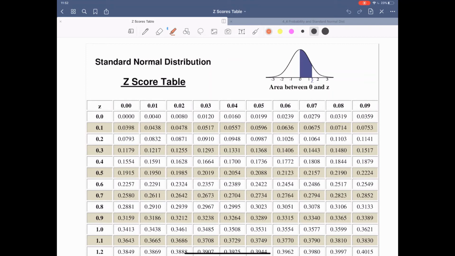Okay. And what this table tells us right now, it's just a big table of numbers and seems quite meaningless. But it gives us the area under the curve between 0 and z. So we don't know exactly what z is. We have to look it up based on what we want to know. But it gives us the probability of having a z-score between 0 and z.